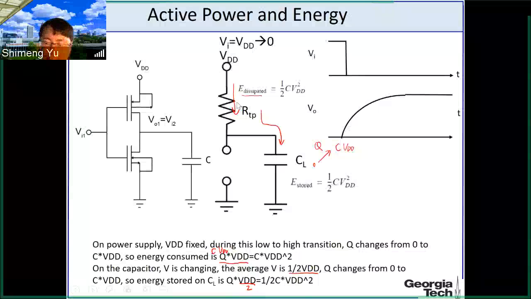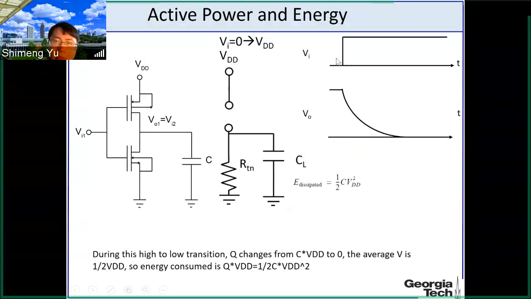Okay, then let's look at the next half cycle, when the input is a low to high transition and the output is high to low. In this case, the NMOS is working. Eventually this voltage will change from VDD to ground. The charge is fully removed from this capacitor, so the capacitor will have zero voltage, zero energy.